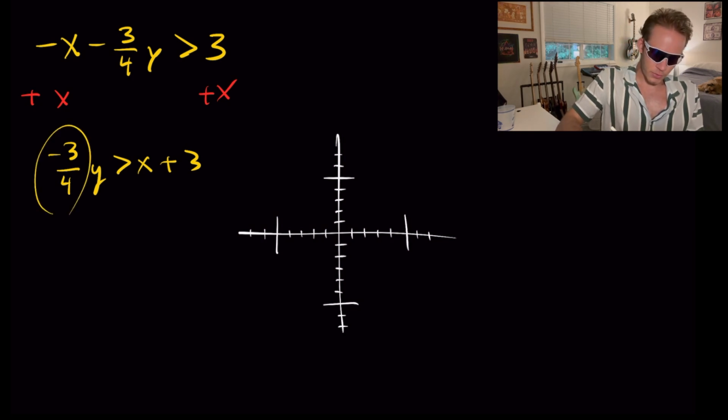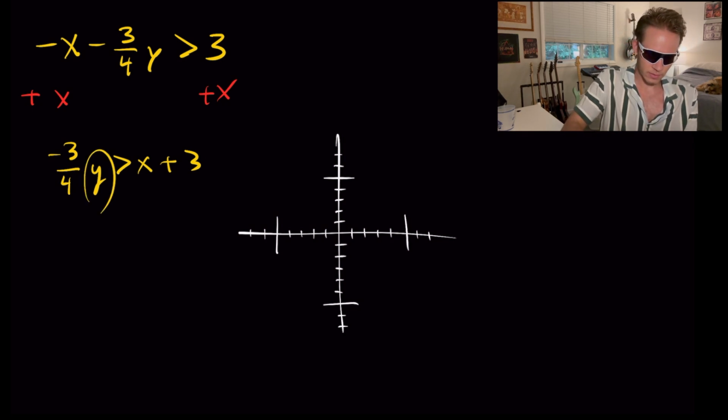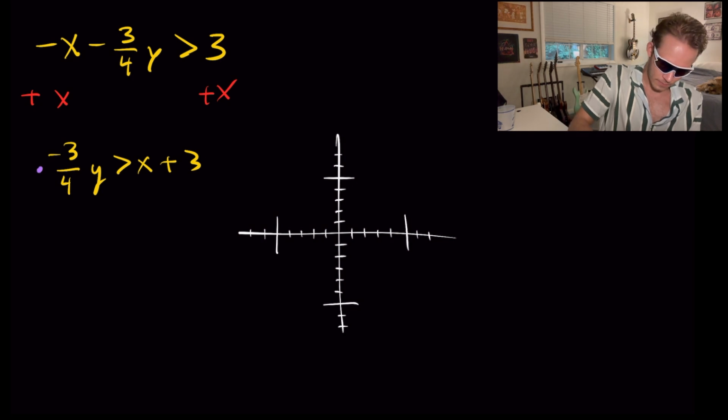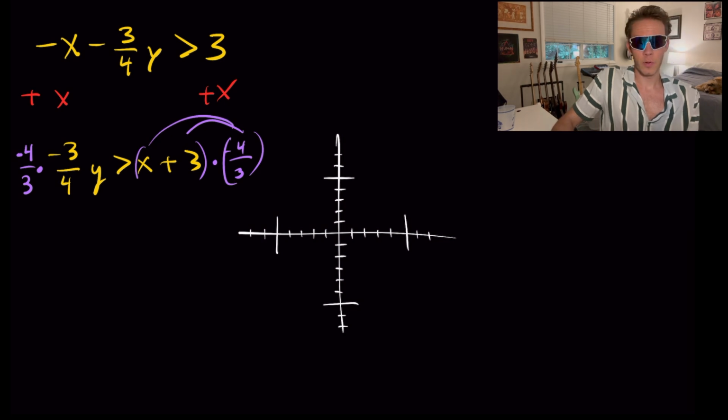And to undo this times negative 3/4 that's being done to the y, we're going to multiply by negative 4/3. And we're going to do that to everything. So I'm going to do times negative 4/3. So we'll distribute that into both of those on the right side there.